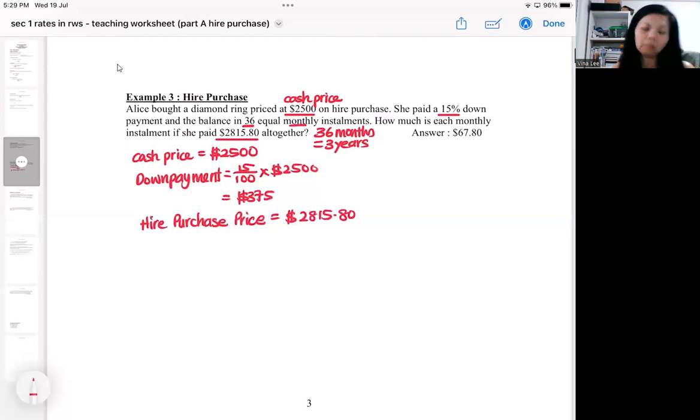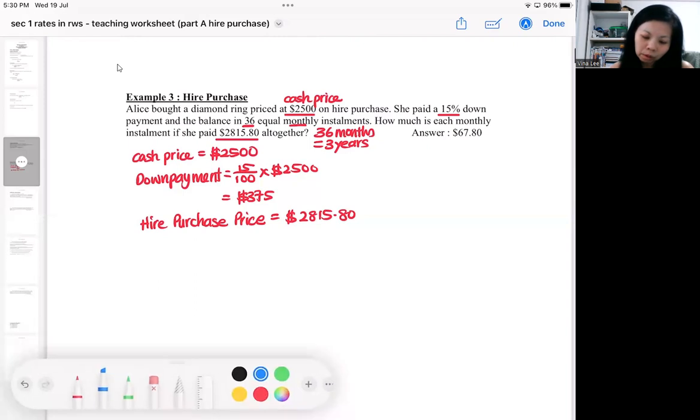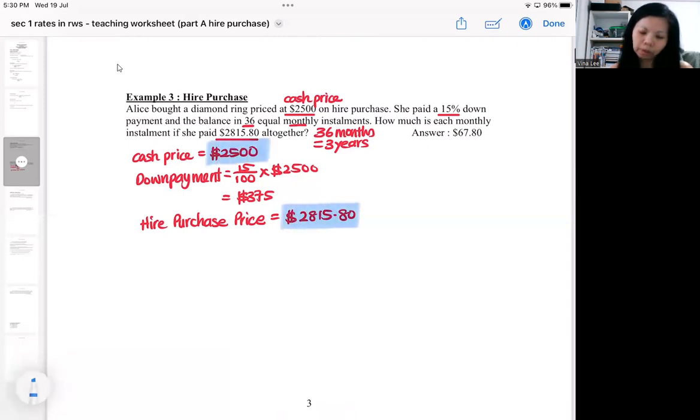If the question does ask you how much interest she pays over 3 years, you can do a subtraction. If you subtract the difference between the cash price and the hire purchase price, that will be the extra money that she got to pay because she delayed the payment over 3 years.